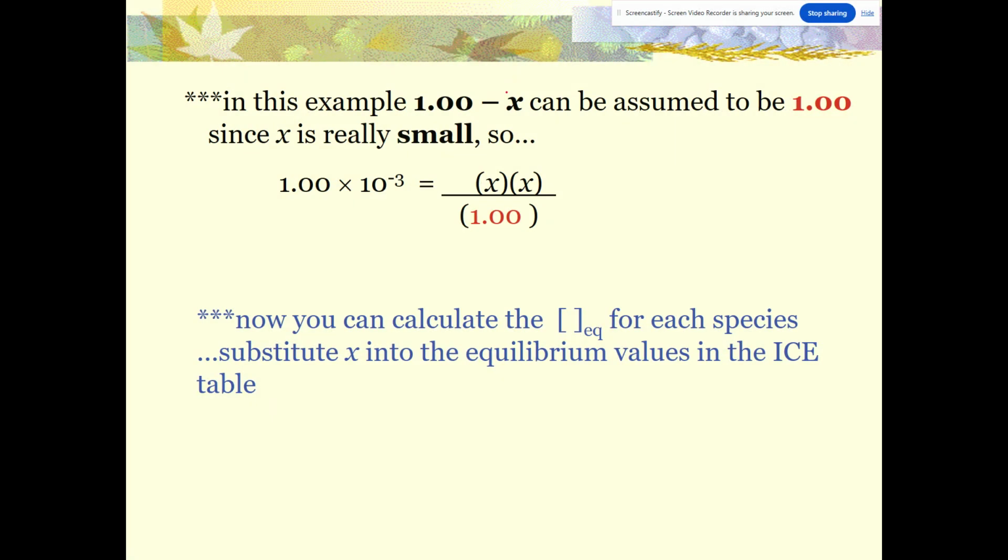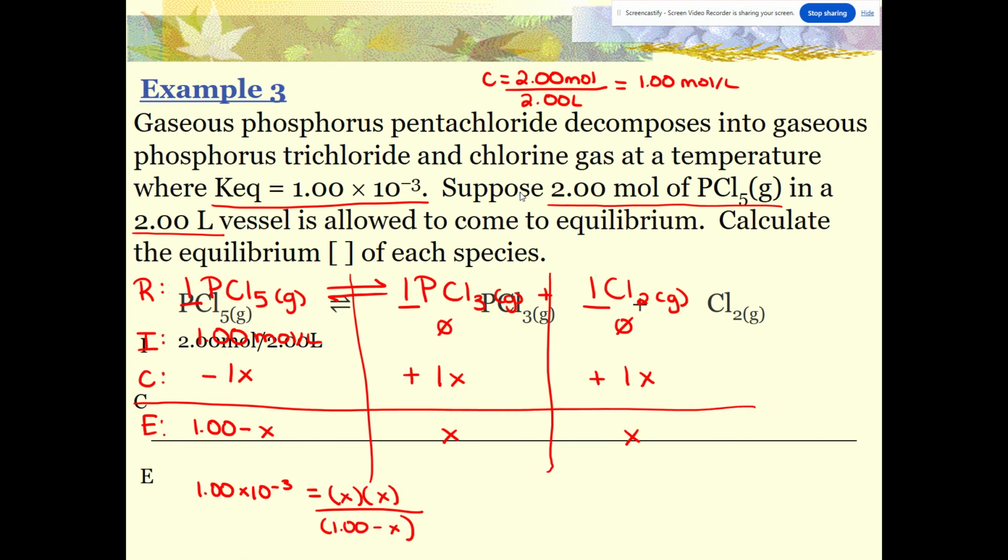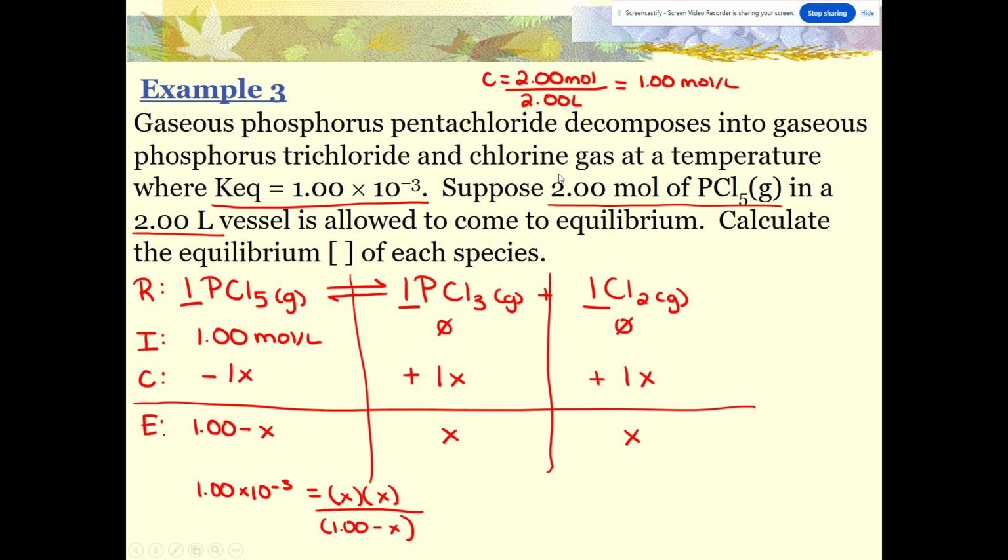So I'm essentially simplifying by omitting the x on the bottom. So instead of 1 minus x, it's just 1. My other x's remain, okay? So if I go back to that formula, I can now use this approximation method. And like I said, you'll always be able to use this approximation method in Chem 30.